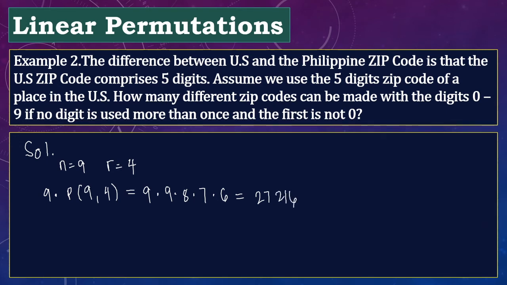The number 27,216 is the total number of different zip codes that can be made with the digits 0 to 9 if no digit is used more than once and the first is not 0. So, 27,216. Okay, let's proceed to example number 3. I hope na-gets ninyo ito, yung ating example number 2.